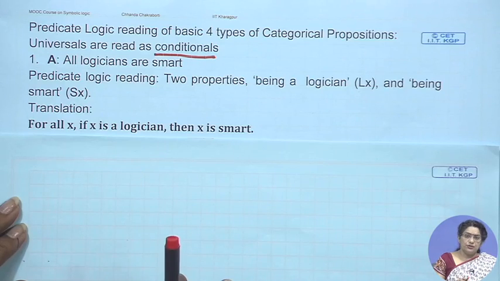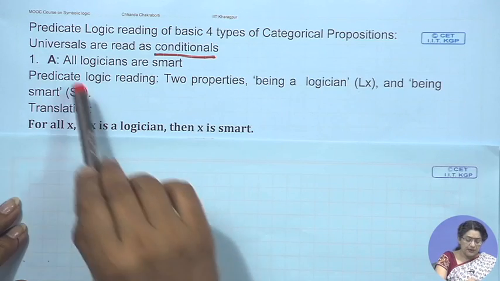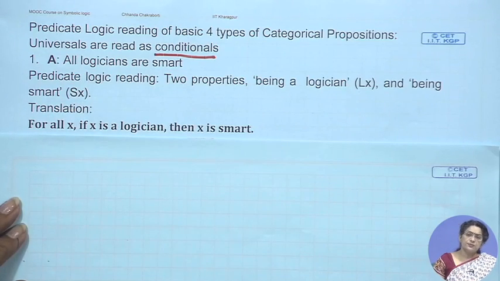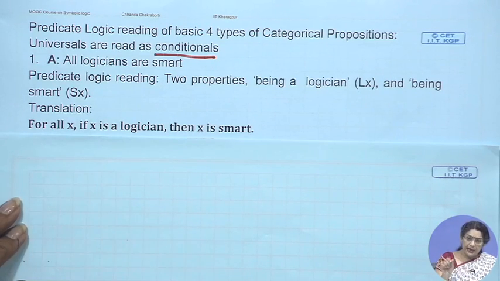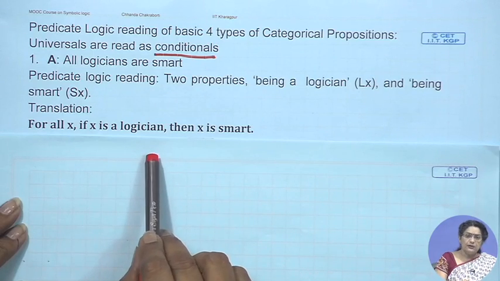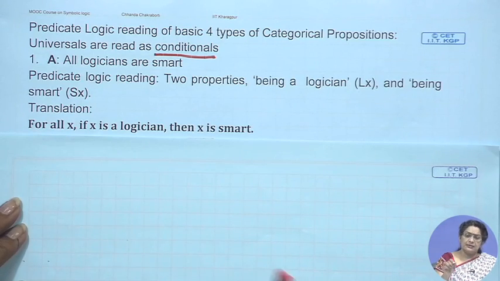If x is a logician, then x is smart. This is what "All logicians are smart" will mean. For every x in your domain, if that x happens to be a logician, then that x is smart.